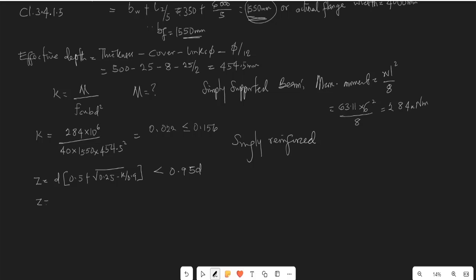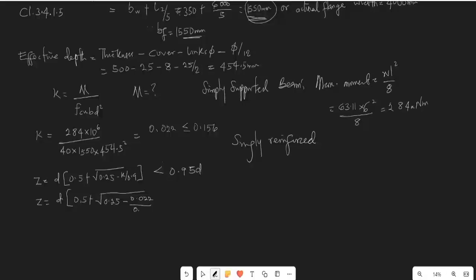All right, so we have D in the bracket 0.5 plus the square root of 0.25 minus the K value, which is 0.022, divided by 0.9.